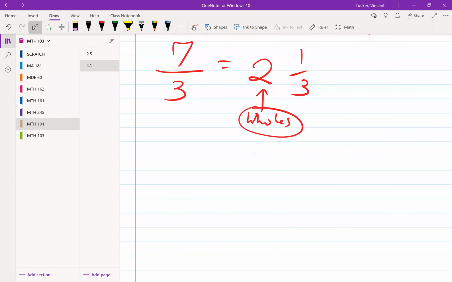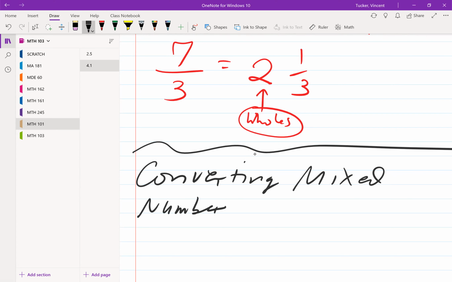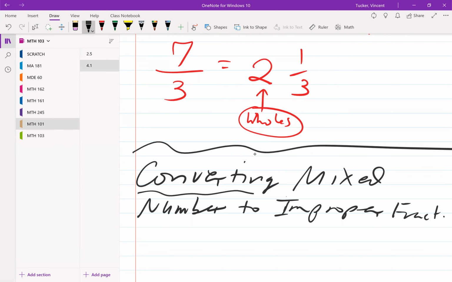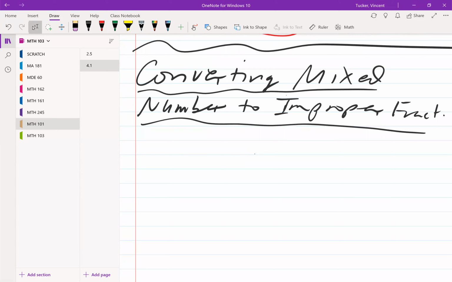Let's look at another type of exercise. Let's go from converting a mixed number to an improper fraction. All right.